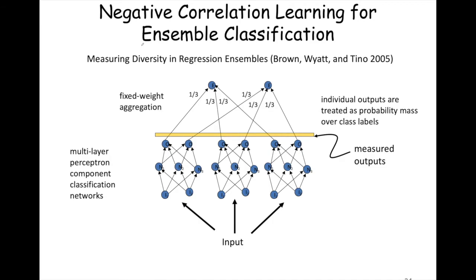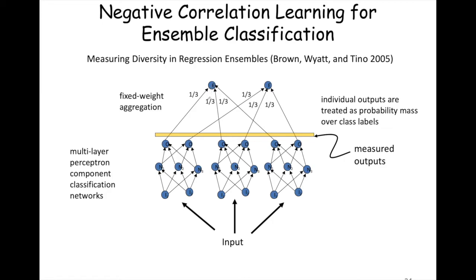All right, so look through the literature, and there's a piece of work called negative correlation learning for ensemble classification. In a paper, someone was doing regression ensembles, looking at multi-layer perceptron component classifiers, and they were aggregating their outputs to select hypotheses between two different alternatives in a regression model.